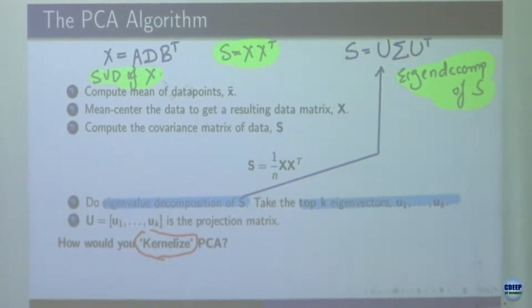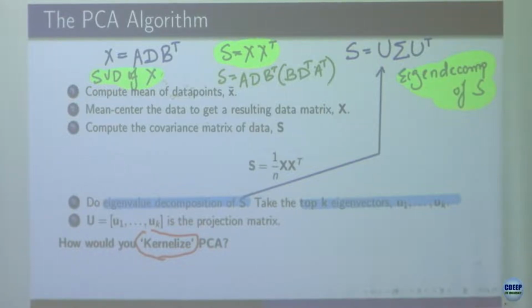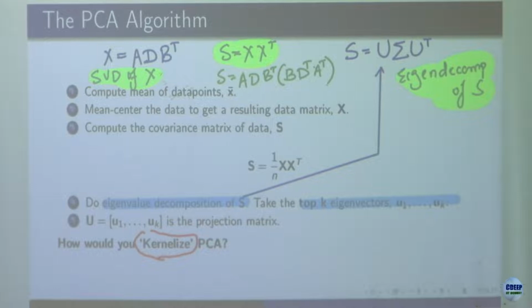S equals XX transpose. So what will be that? S equals A D B transpose times B D transpose A transpose, right? X transpose, you can write it down. Now what do you know about the singular value decomposition of X?